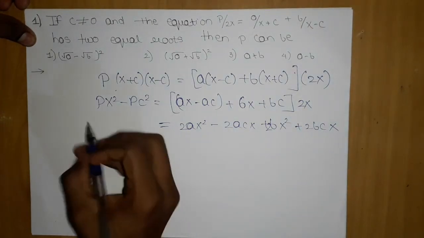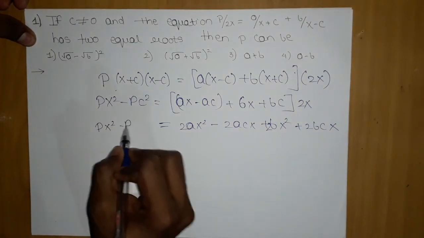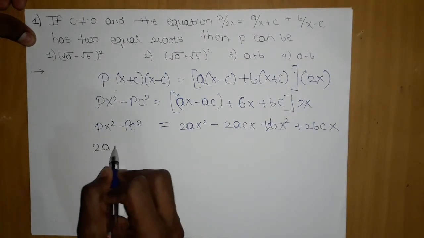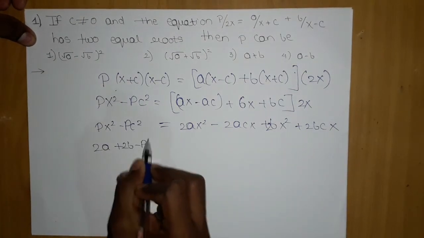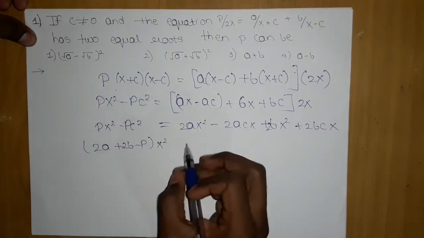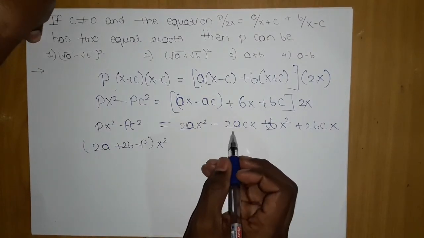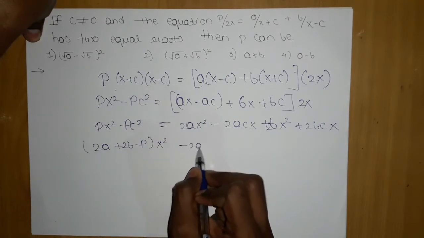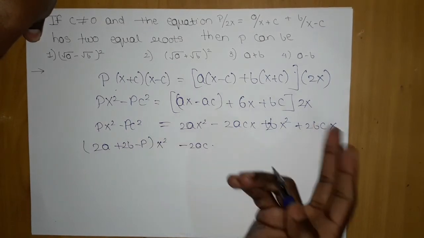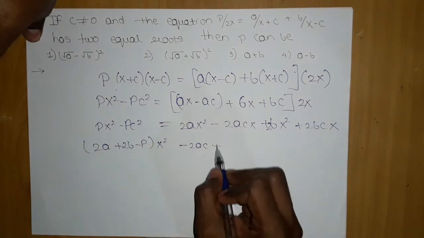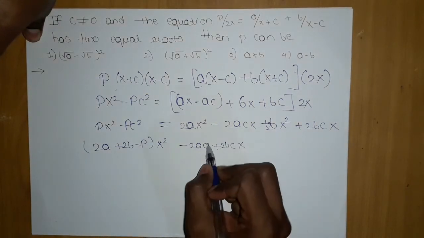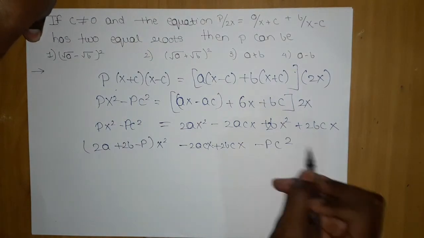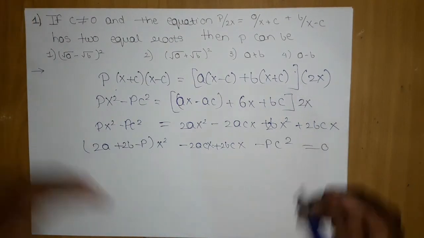Here we have 1x square. So let's try to form the quadratic equation which we want. It will be (2a plus 2b minus p) x square. Now let me get all the 2ac, and there is an x, yes, there is 2bcx, and then pc square. I don't want to make any silly mistakes.